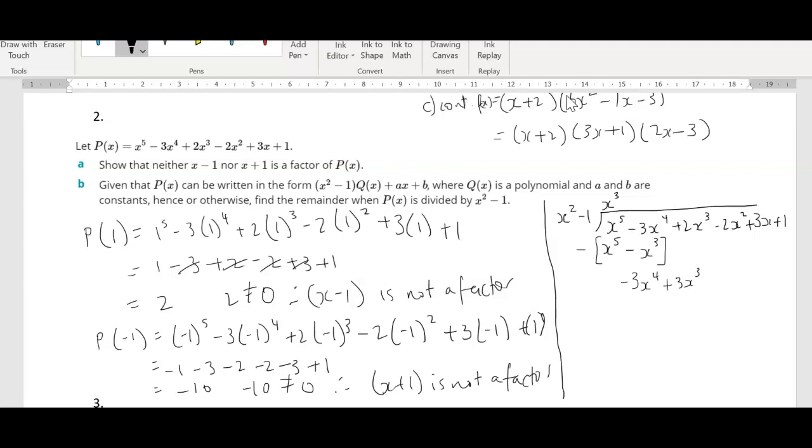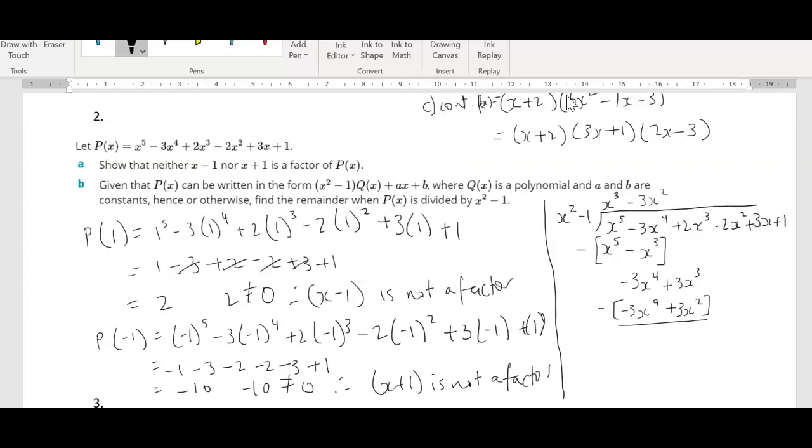All right, so we start the process again. x squared into negative 3x to the power of 4 gives you negative 3x squared. So we're going to have negative 3x to the power of 4, and then negative 1 times that is plus 3x squared. All right, so we're subtracting again.